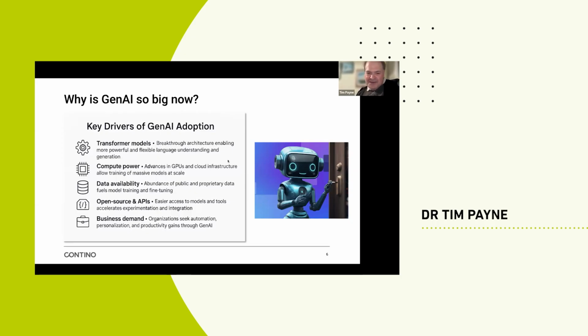The fact that you've got these models available with APIs that you can use to integrate with them. All of that is now driving a business demand for being able to use the power of these AI models and actually do something with it.